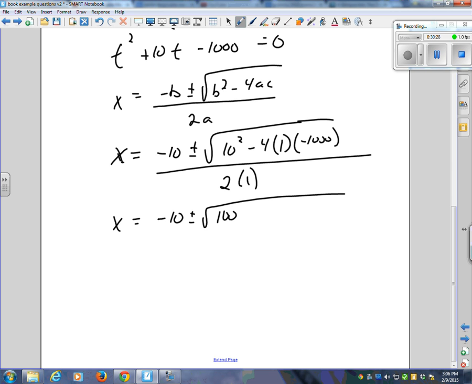So minus 4 times 1 is minus 4, times 1,000 is going to be? In my world, I don't want 3 root 2 seconds. I don't actually know that number.